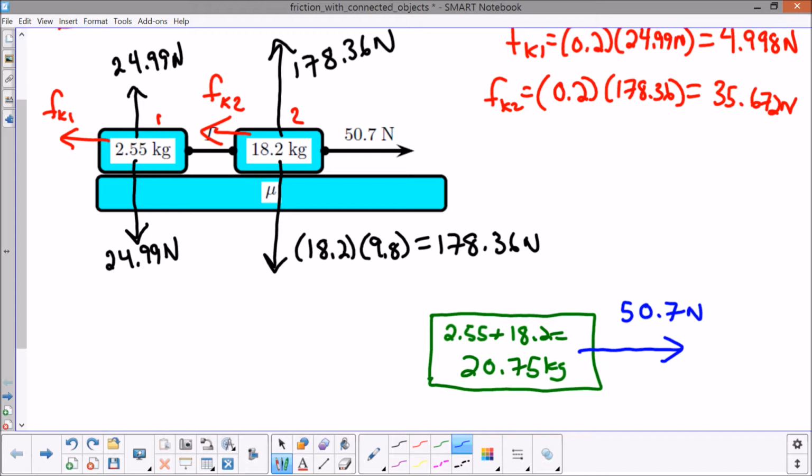But then, because there are two friction forces that are acting to the left, we need to make sure that we include both of those forces. So we have that first friction force and the second friction force, which we found above.